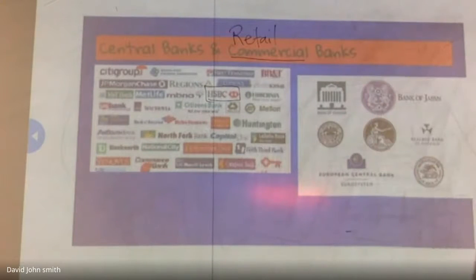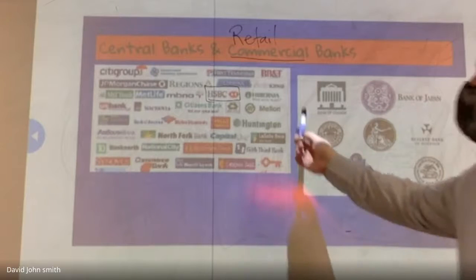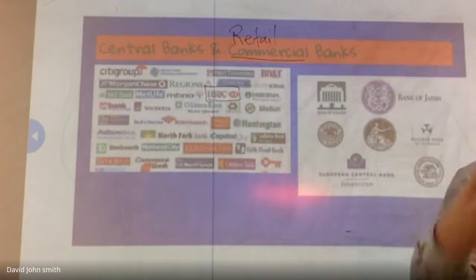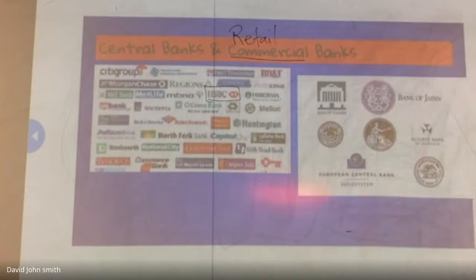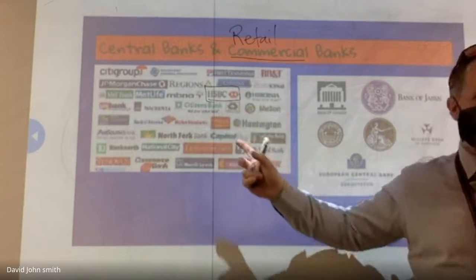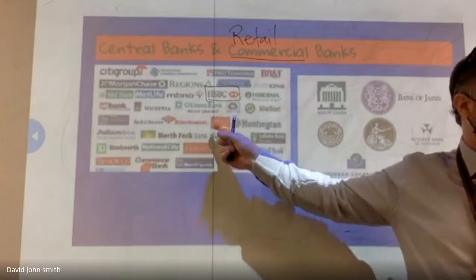So there are going to be some retail or commercial banks that span different countries. Although a lot of these are American banks, there are some that are international. As I said before, a lot of the banks in New Zealand are actually Australian banks. HSBC is a Hong Kong bank.